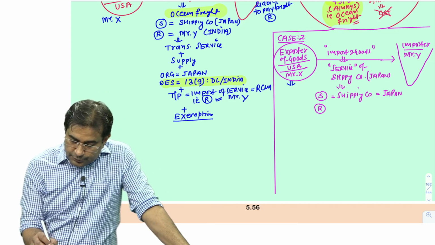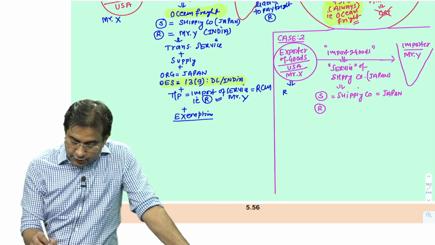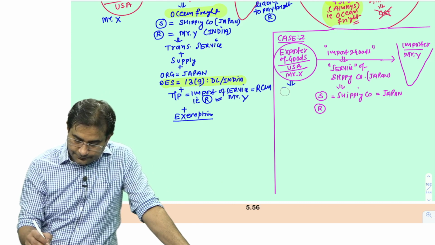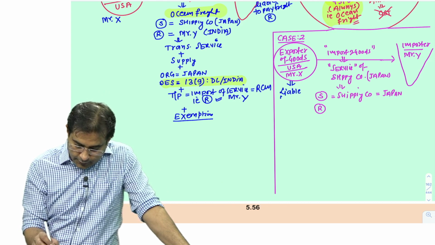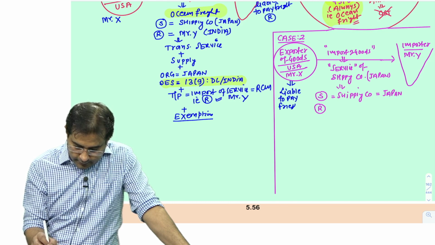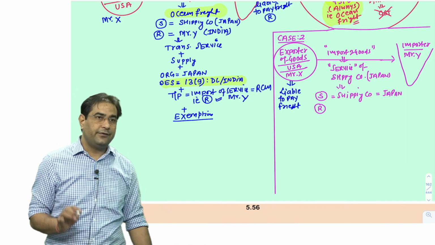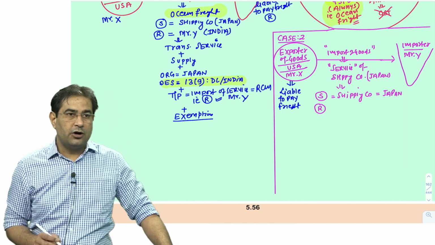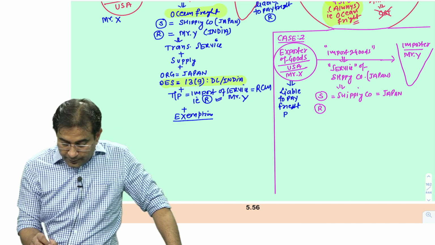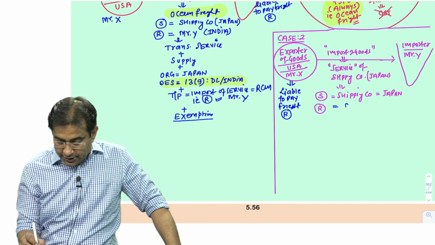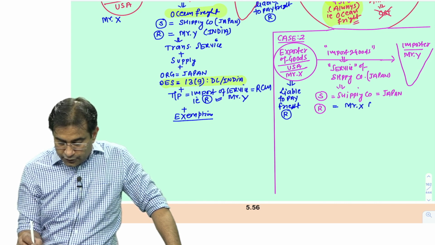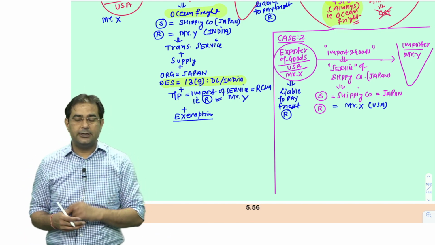So freight is paid by this person, so the recipient liable to pay freight. Is it okay? Yes, sir. So accordingly, this person would be considered the recipient. So in this situation, Mr. X belonging to USA shall be considered or treated as the recipient.